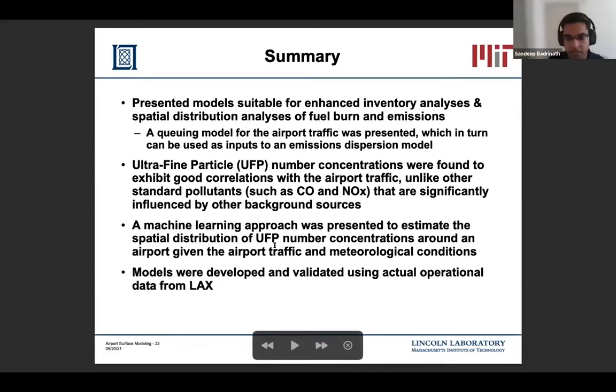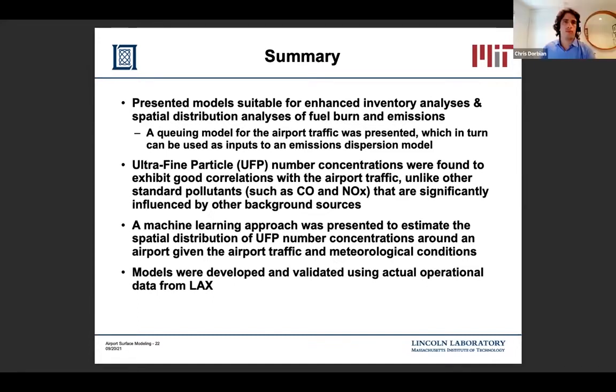Right, that's a good question. One of the use cases for AEDT is when they're adding new infrastructure, such as building a new runway or taxiway. They want to understand the impact of that on the environment as well, right? So they run multiple simulations to understand the traffic patterns and then estimate emissions and so on. What we are trying to do is improve upon that.